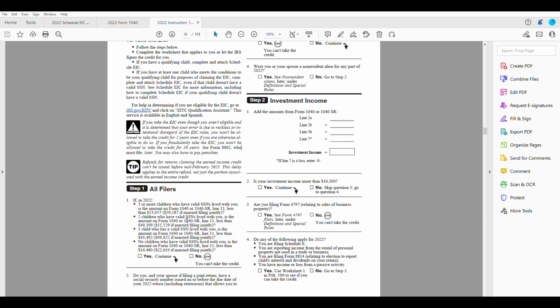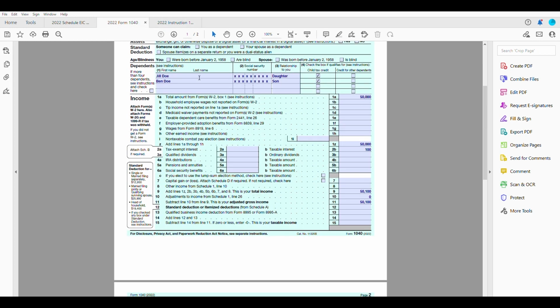That is the first question, because if we make over $55,529, we can't take the credit if we have 2 children. If we go back to our Form 1040 here, our line 11 adjusted gross income is $50,100, which is the combination of the $50,000 we made under W-2 wages and $100 we made on interest income.